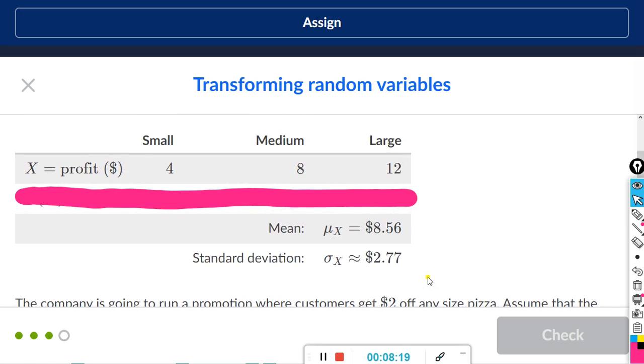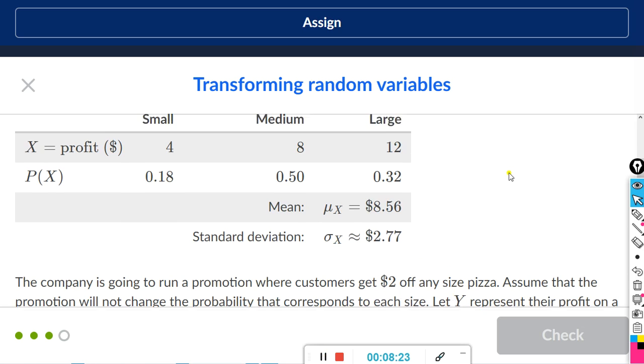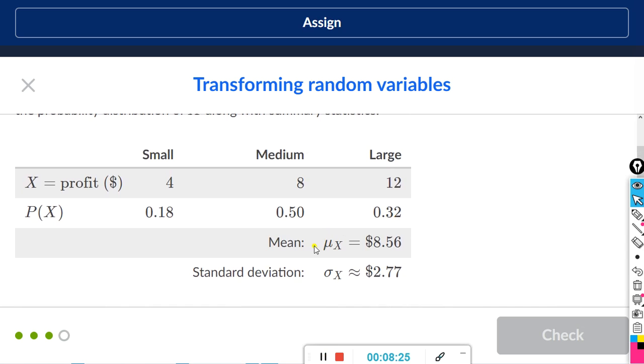So it's $2 off any size pizza. And this is the mean or average profit. If they're going to give $2 off any size, it's just going to be minus 2. So 8.56 minus 2 is going to be 6.56.